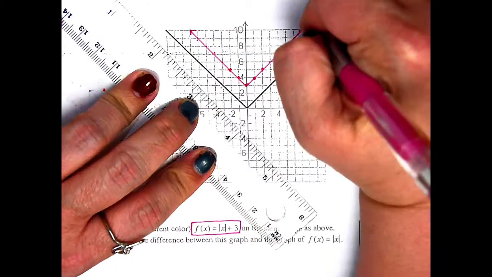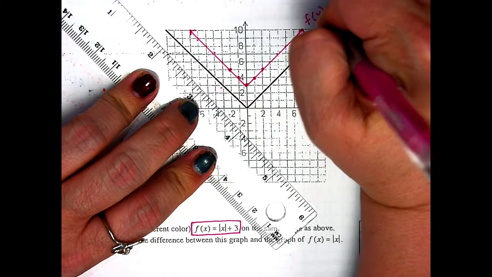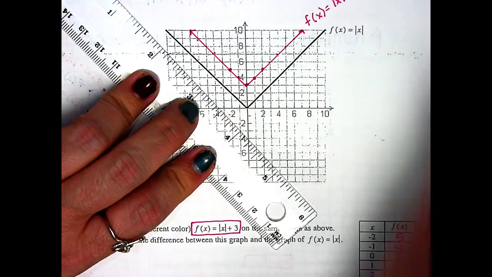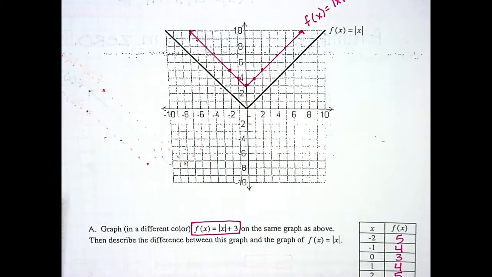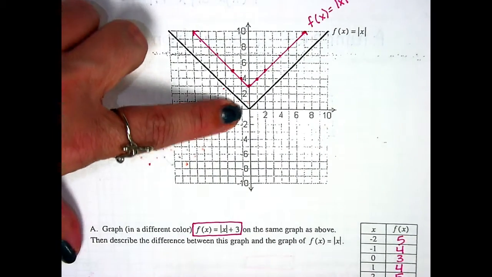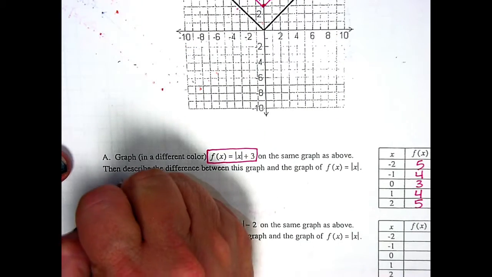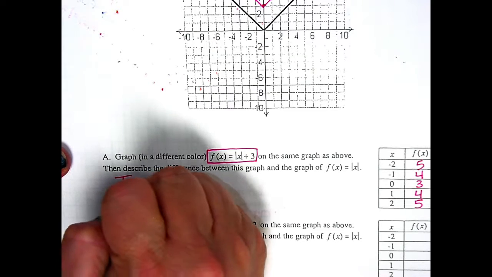And this is f of x equals the absolute value of x plus 3. So the difference is we translated the graph up 3 units.